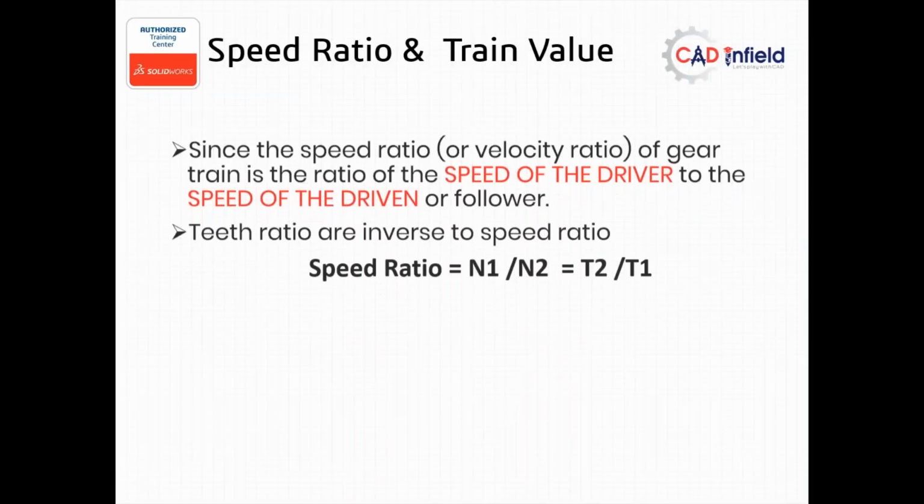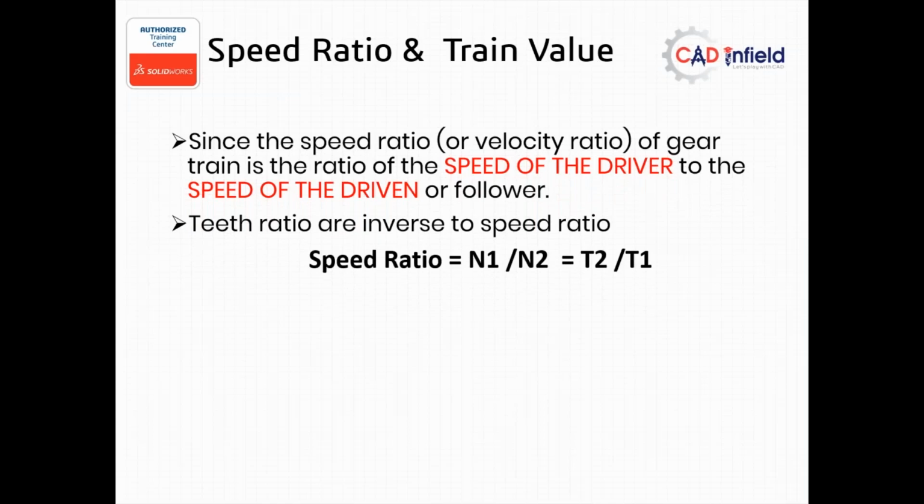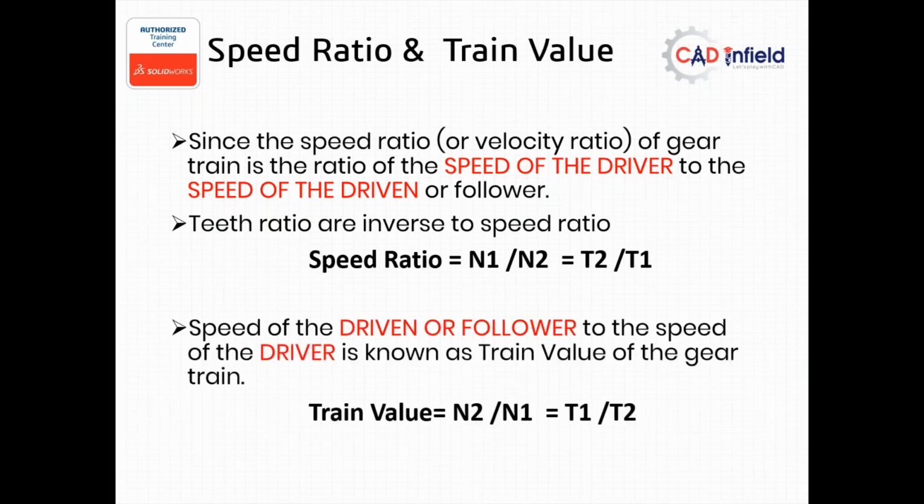Very important thing: speed ratio and train value. This is a major topic, and in a few question papers this question is asked: what is the difference between the speed ratio and train value? Speed ratio we have discussed a lot of times. The inverse of speed ratio is called the train value.